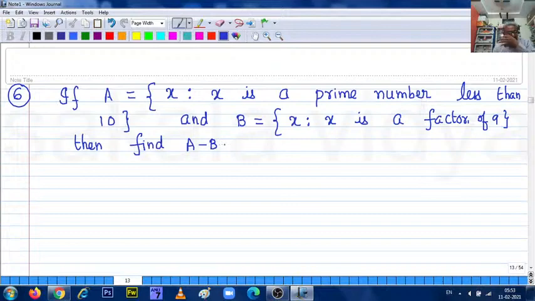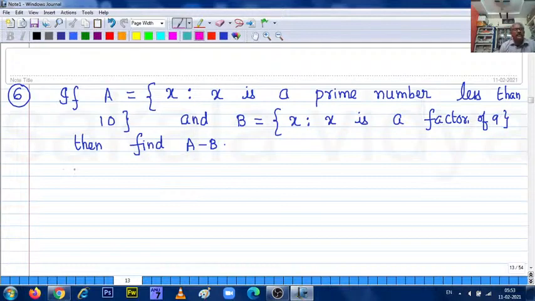So how could you find out A minus B? It's very simple. First, write down the given data. Set A is in set builder form. Set B is also given in set builder form. First, we need to convert them into roster form. After finding the respective roster forms, find A minus B, as we have discussed in question number 5.